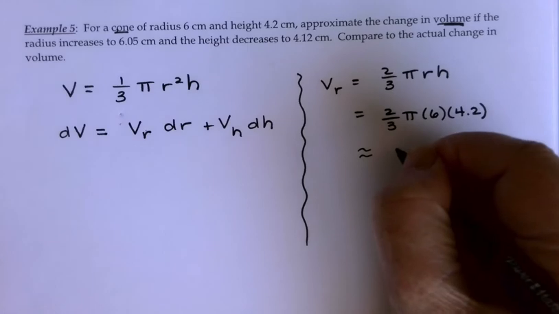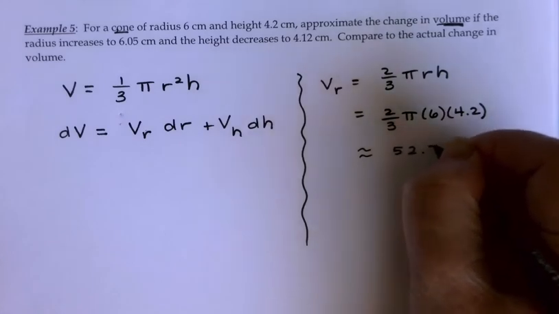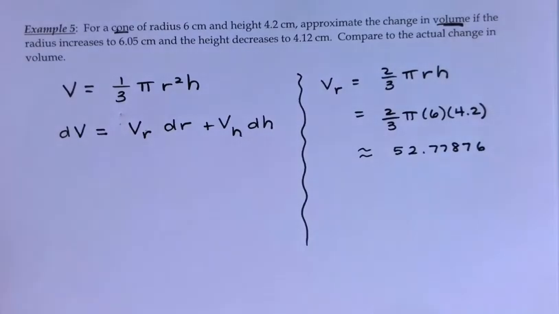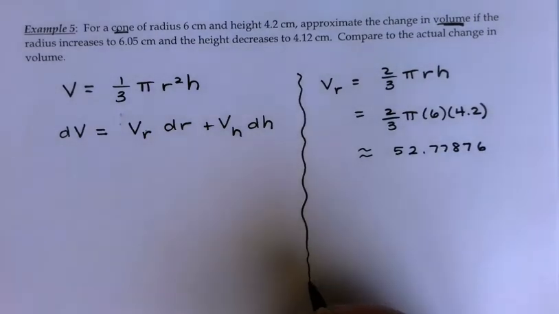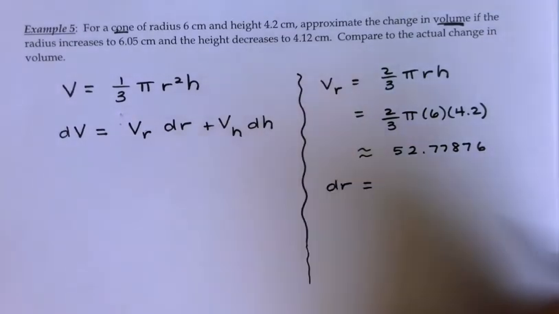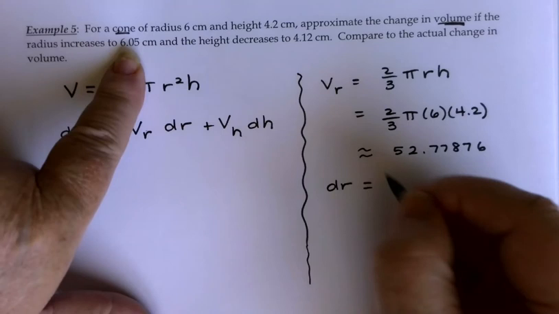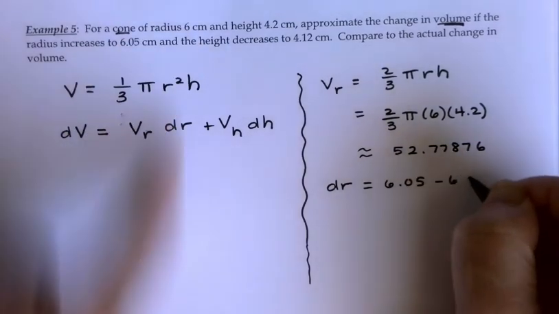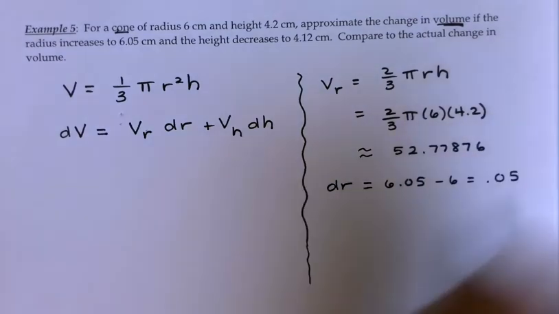I'm going to get about 52.77876. dr, my change in r, would be 6.05 minus 6, or 0.05.